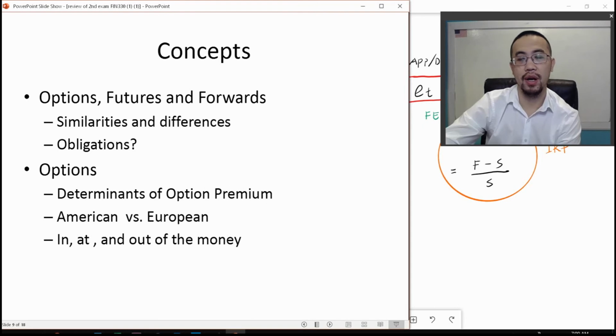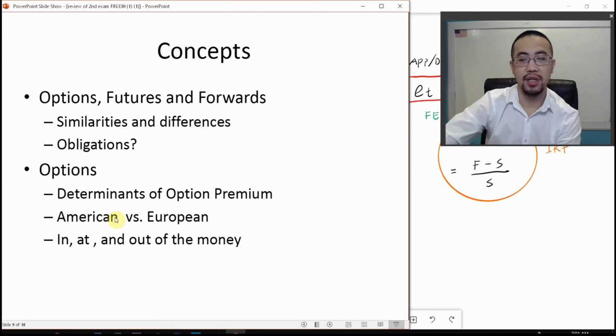The second thing is that you should treat an option as an investment. An option can make money for its buyers, and if you can make more money from this option, then this option should be more expensive.